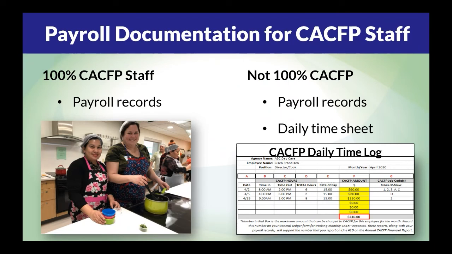For employees who are not 100% CACFP, for example, if you have a cook who also helps in a classroom, payroll records must be on file as well as a daily timesheet showing the employee's time spent on CACFP tasks. The daily time log shown on this slide may be used. It is found under Guidance Memorandum 11.